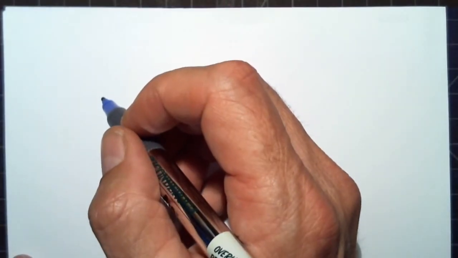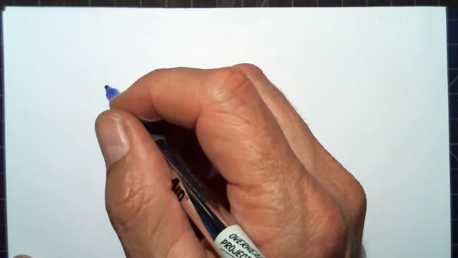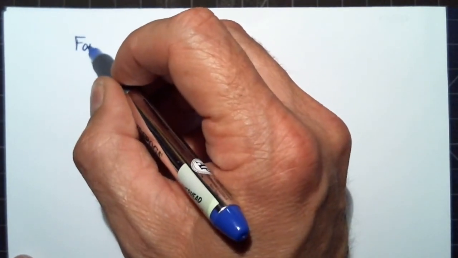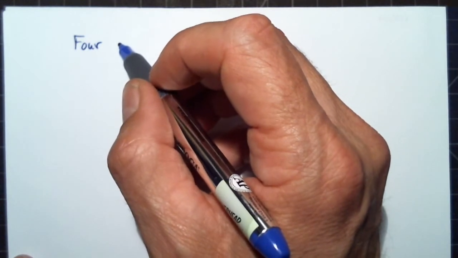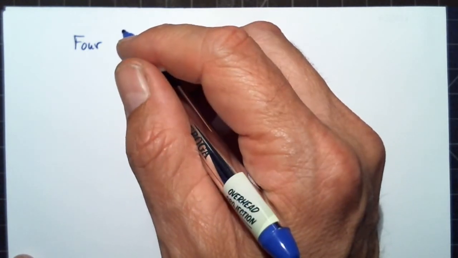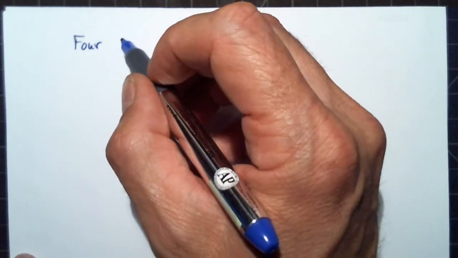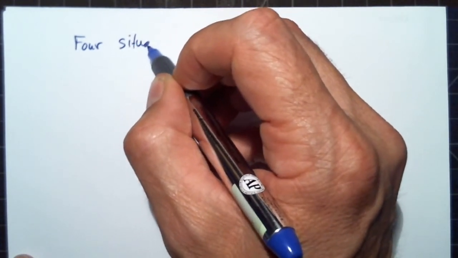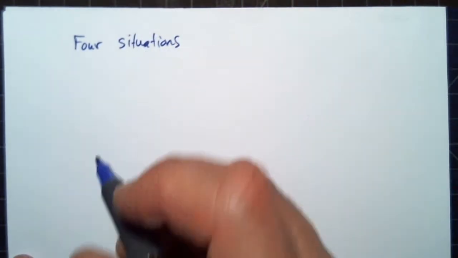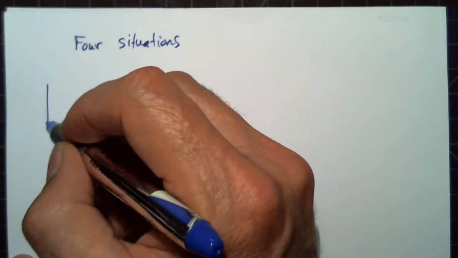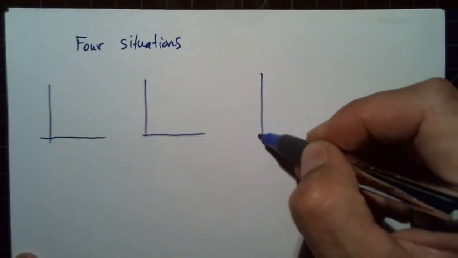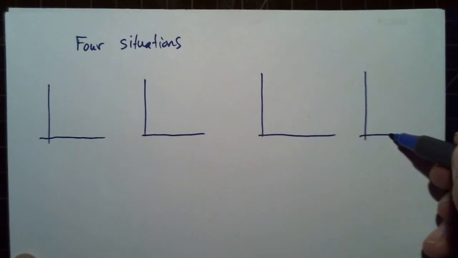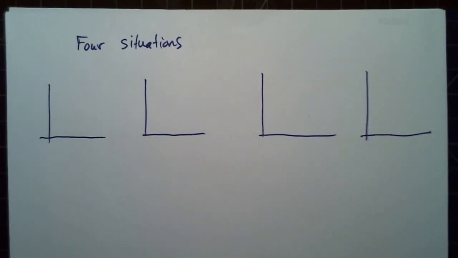All right, one challenge with vertical motion problems is the possibility for variations in the questions and situations.